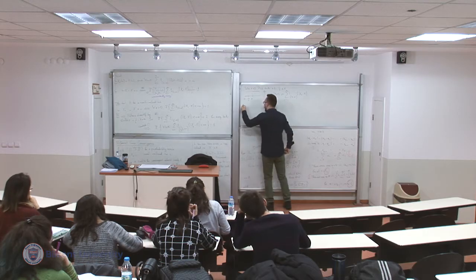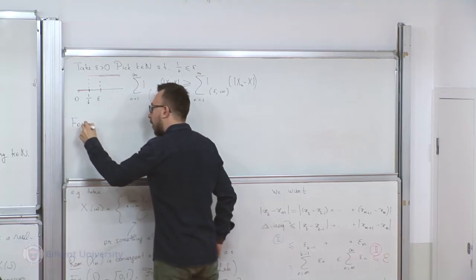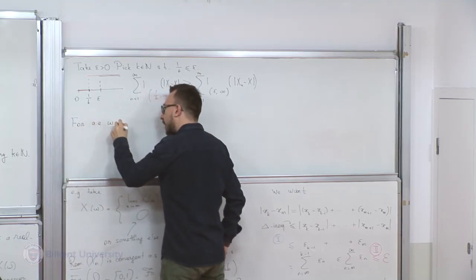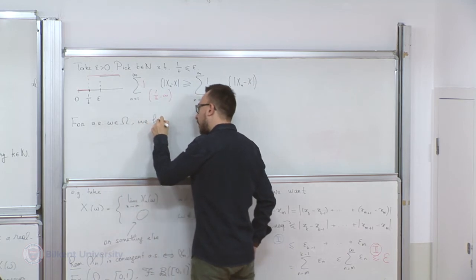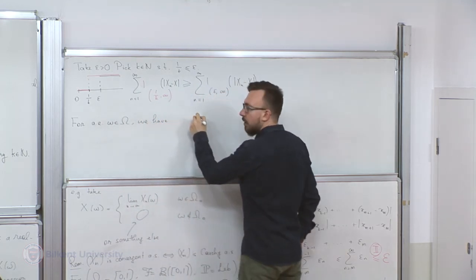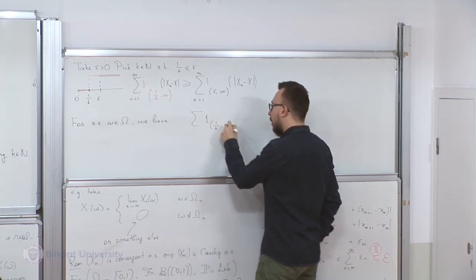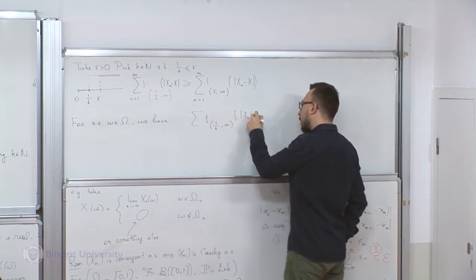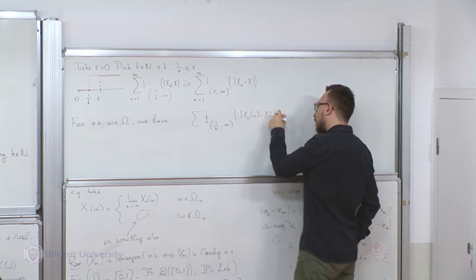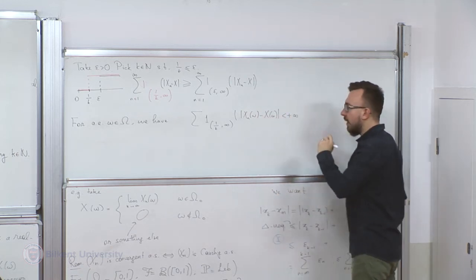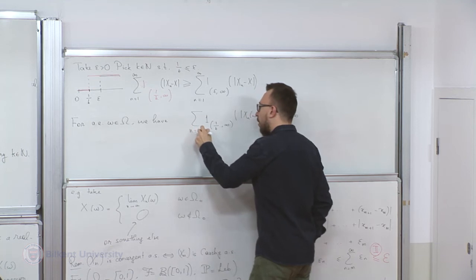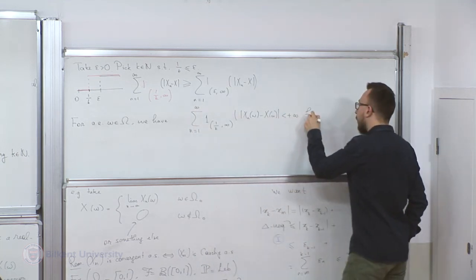Okay, so for almost every omega, we have that this is less than plus infinity for all k.